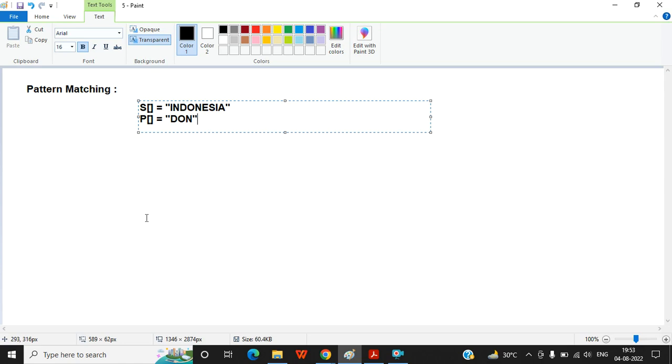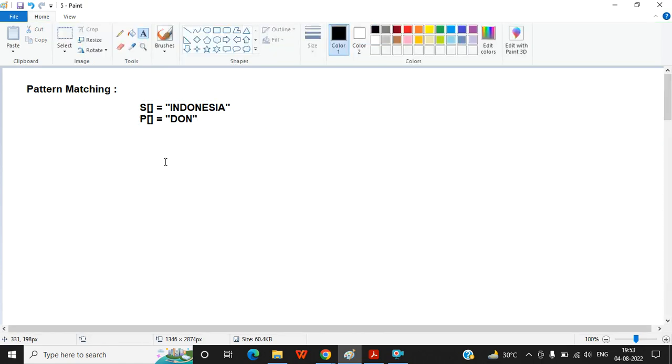If you want to find this P, if it is present in S, now we can clearly see that it is present in this S string.